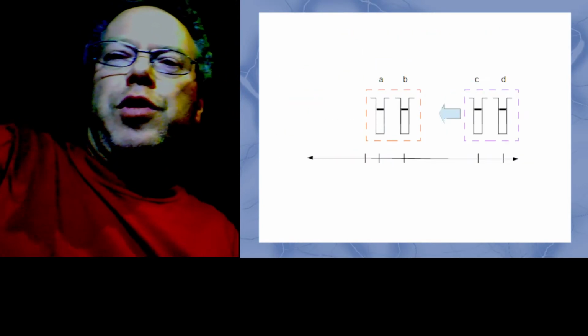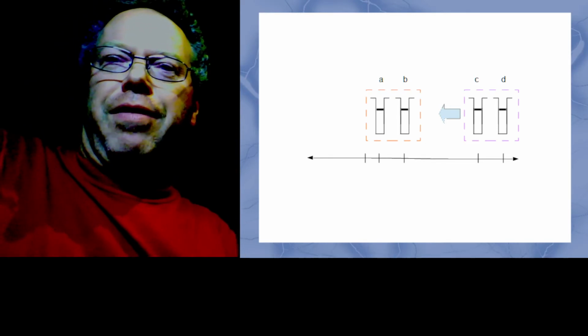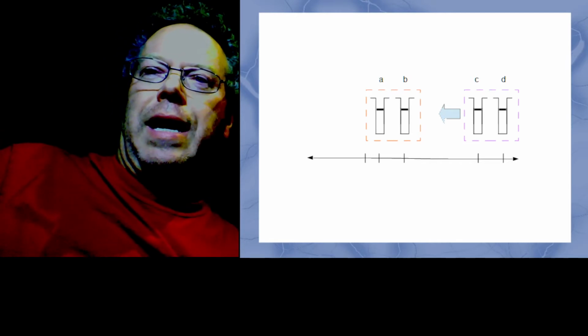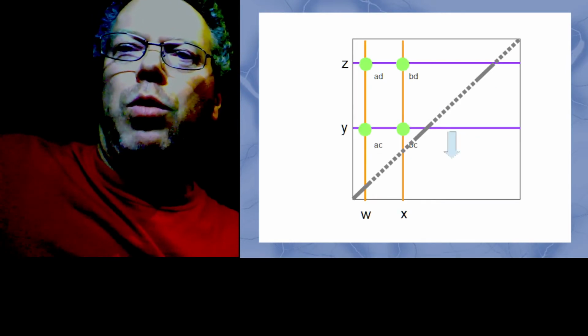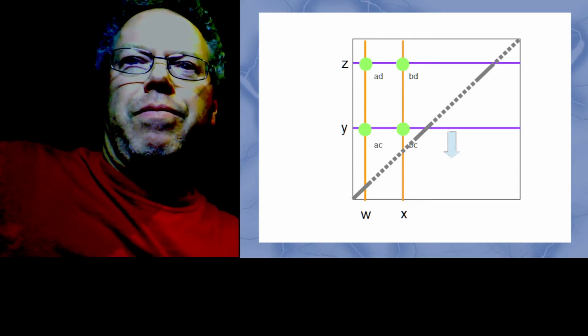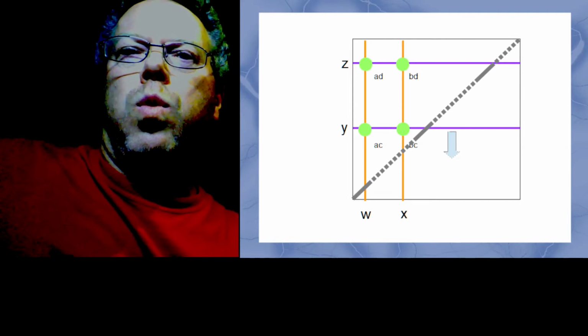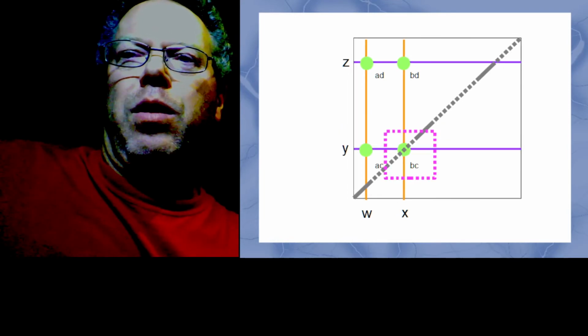All right, so now let's start moving them together. So I'm going to take the purple ones and start moving them to the left towards the orange ones. So what does that look like? Okay, so you see the y coordinates are moving down.